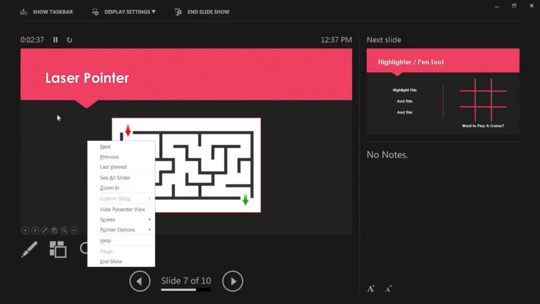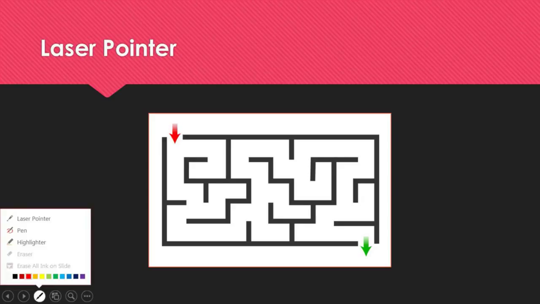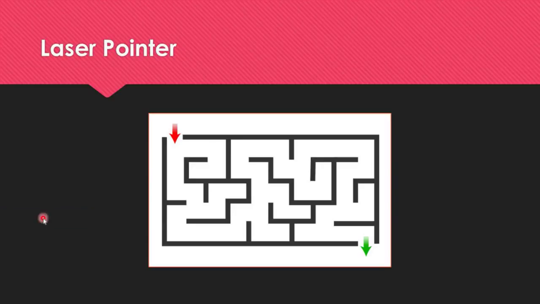I'm going to get out of presenter view by right-clicking on my slide and selecting hide presenter view. That way it will take me to the full screen presentation view. I'm going to move my mouse around. You may notice that we have the same buttons here in the lower left hand side. If I click the one that looks like a pen, I get the laser pointer button, and then I don't have to click anything.